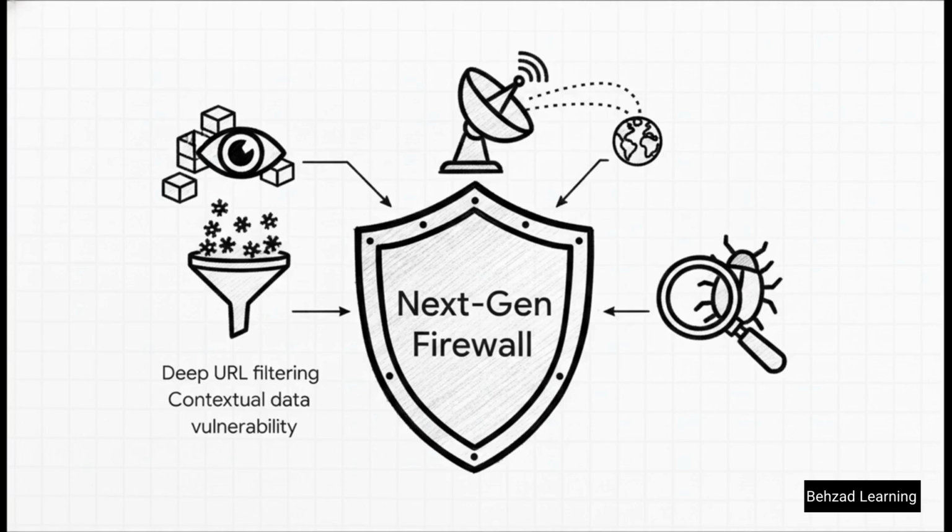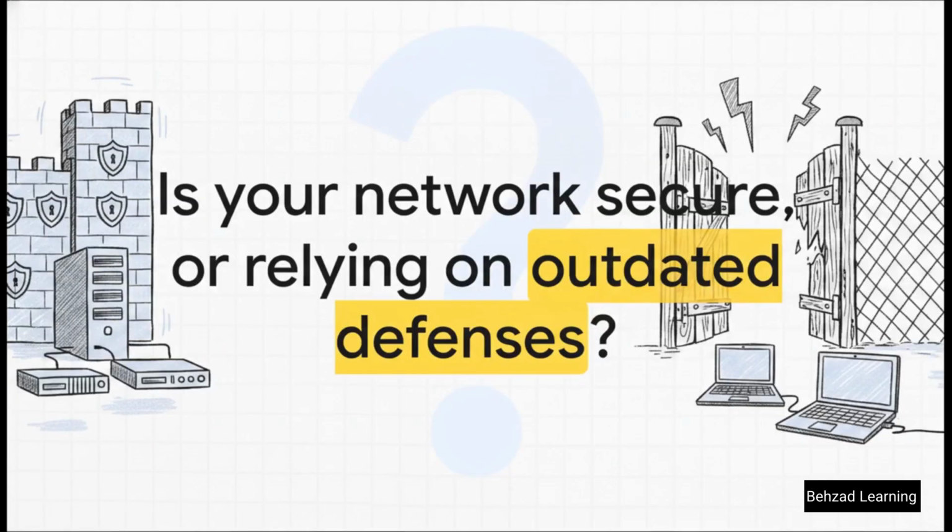They do deep URL filtering, they monitor contextual data about vulnerabilities on your specific network, and crucially, they hunt down zero-day threats. And this is all powered by continuous real-time updates from global researchers like Cisco Talos Intelligence, so your tools are always working together intelligently.